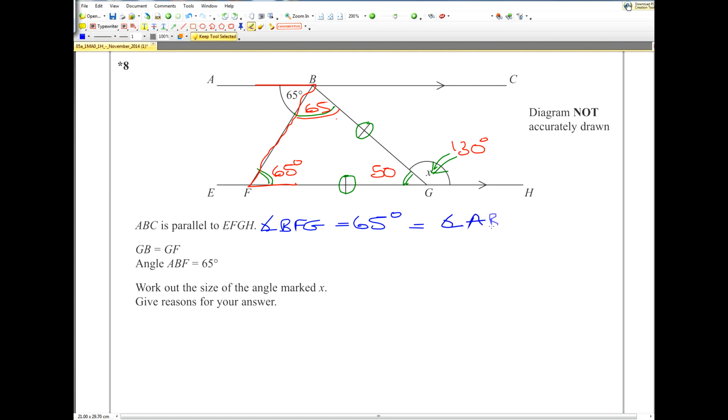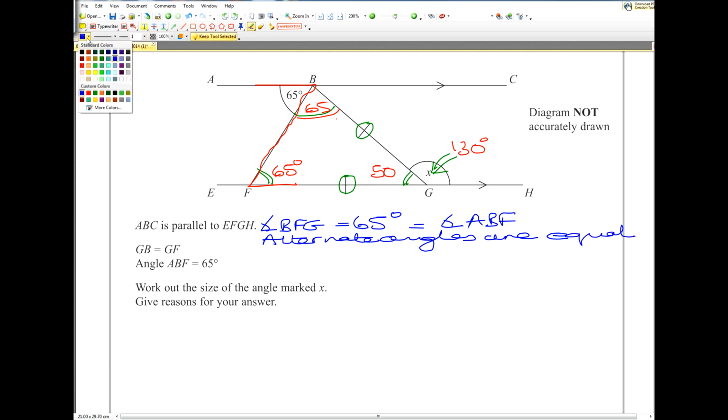Why is that? The reason for that is, what was the mathematical reason? Alternate angles are equal. So each part we're going to state, we have to give a reason. Done. Lovely.